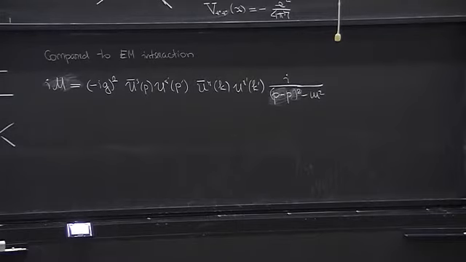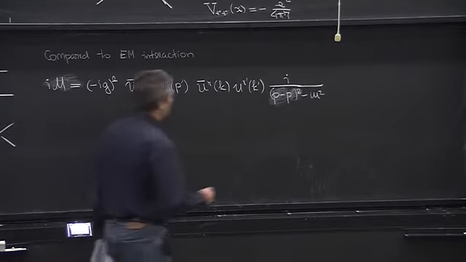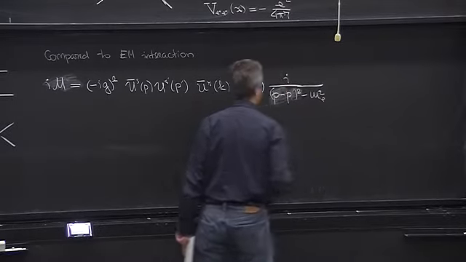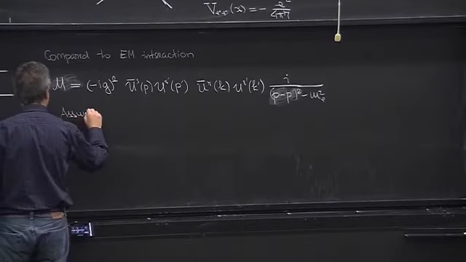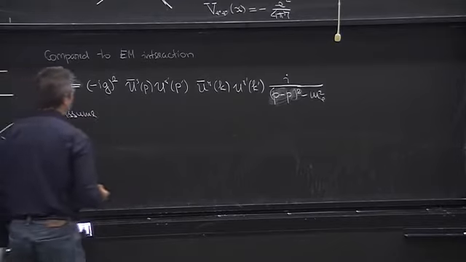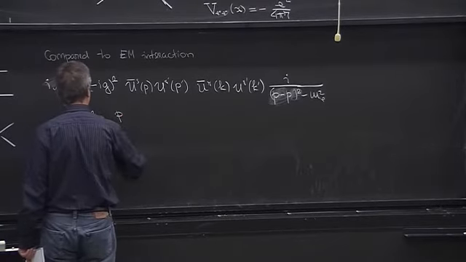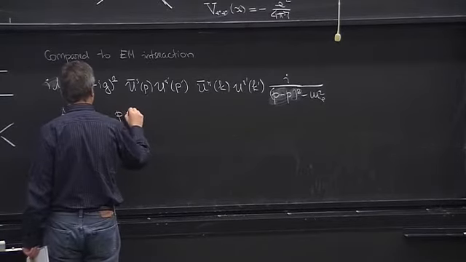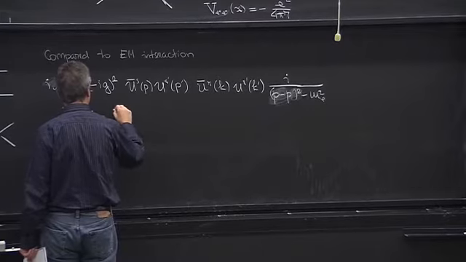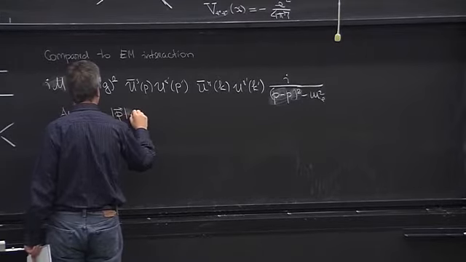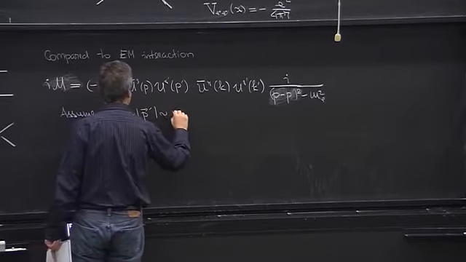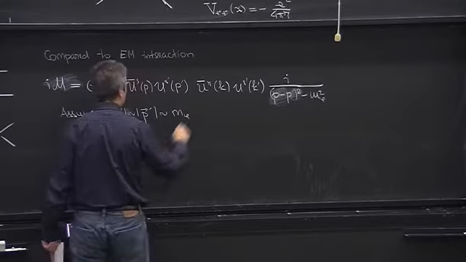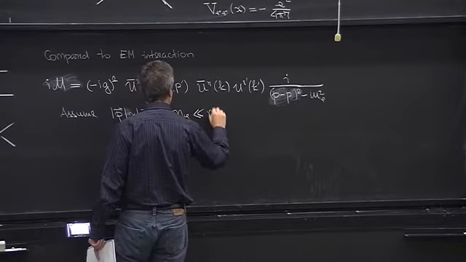And so, okay, there are a few differences here. So we will assume that the momenta here will be of order of the scalar mass, but much smaller than the fermion mass.